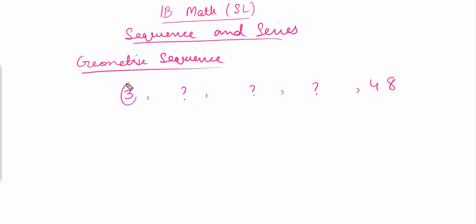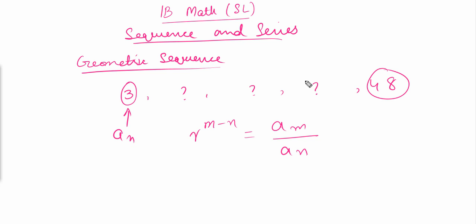We have only the first term and the fifth term, and in order to know the common ratio, we have to use a certain formula, and the formula will be r to the power of m minus n equals am over an. So consider that this term is your an and this term is am, and as we know that m is the fifth term, I'll say that m equals 5 and n is the first term, so n will be equal to 1.